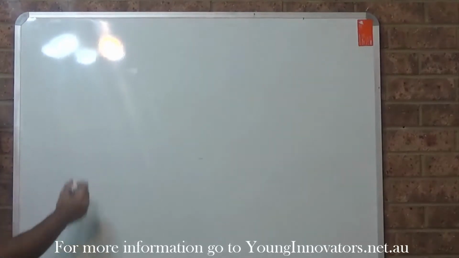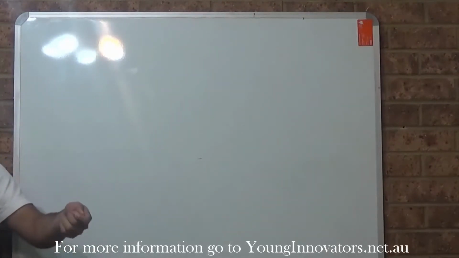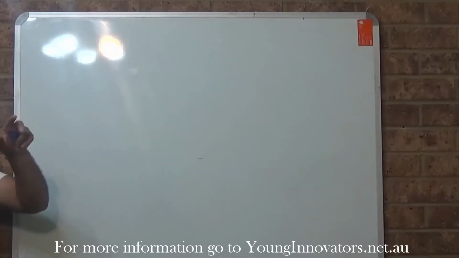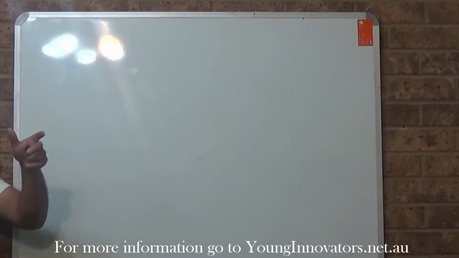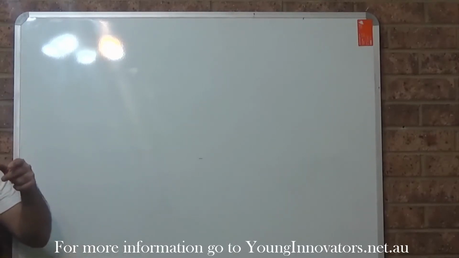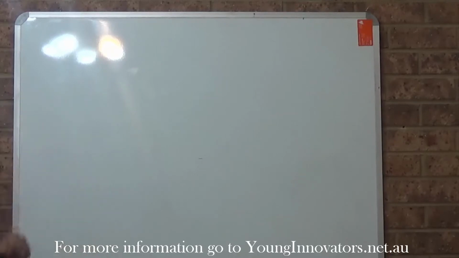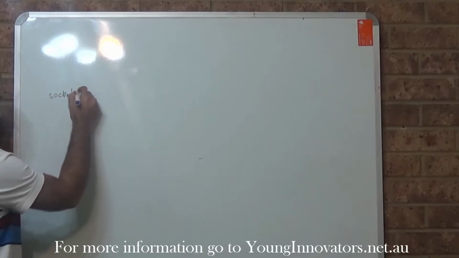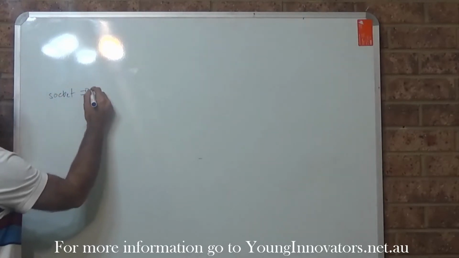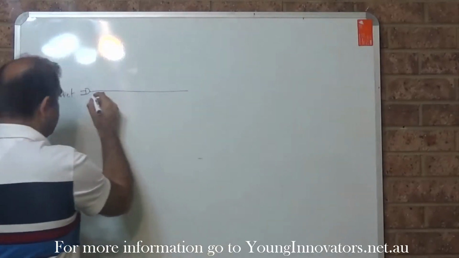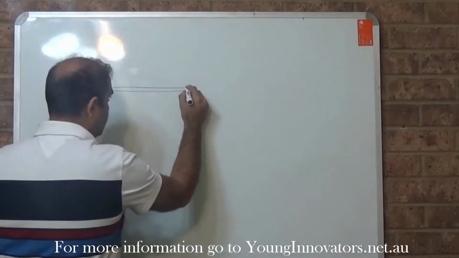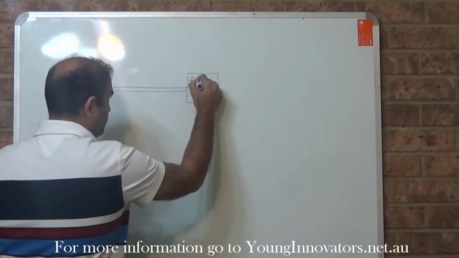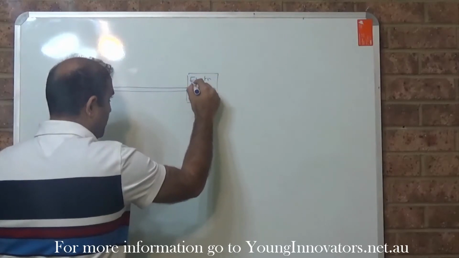So what happens when you connect something into a wall socket? Think of electricity as water. Whatever flows in the wires, think of that as water. So this is a socket, and this is a wire, and that wire gets connected to some electric equipment, right?